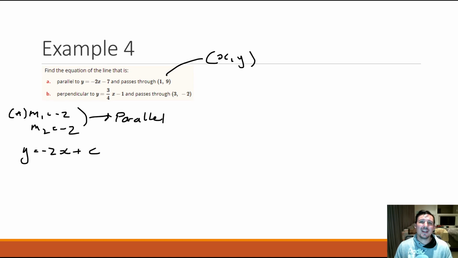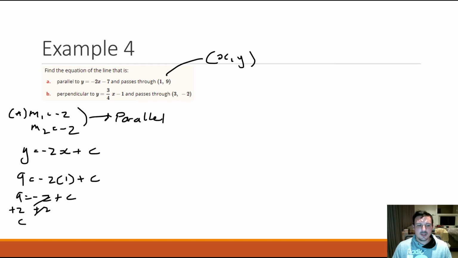I'm going to put that into the rule that I've made so far. So I'm going to have 9 equals -2 times 1 plus c. Then we have 9 equals -2 plus c. Add 2 to both sides, and c must be 11.